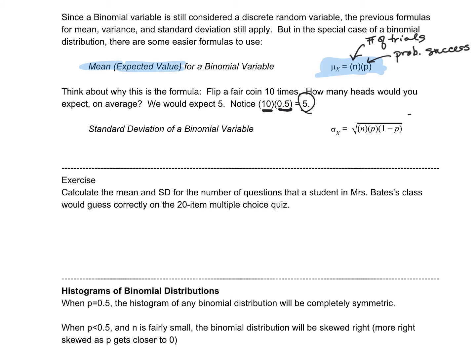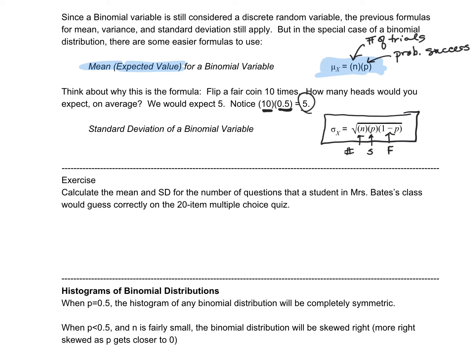Now look at the standard deviation formula. It is the square root of n times p times 1 minus p. So n is the number of trials, p is the probability of success, and 1 minus p is the probability of failure. Then we take the square root.